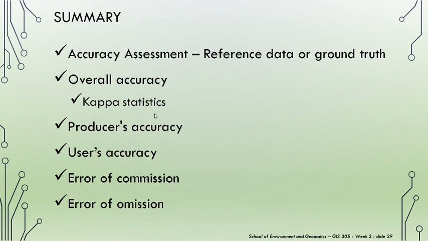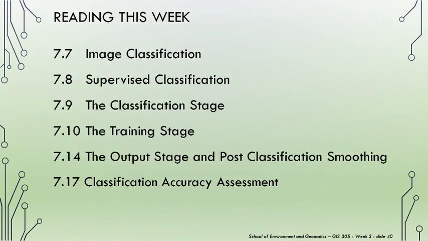It's another way of publishing your results. Remember to know what the producer's accuracy is and the user's accuracy. They're two different things, and how they relate to errors of commission and omission. And this is your reading for this week, and that is the end of part 2.